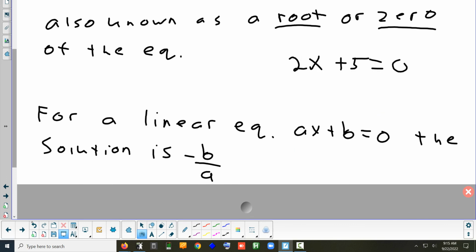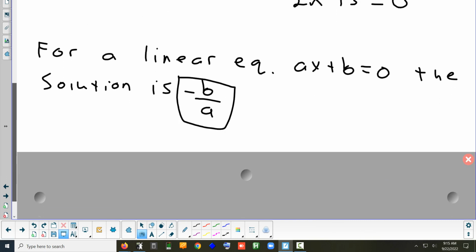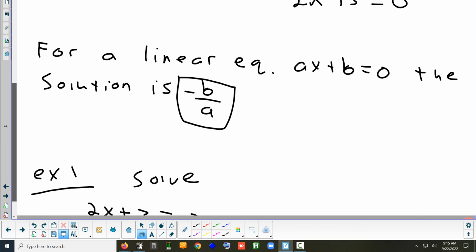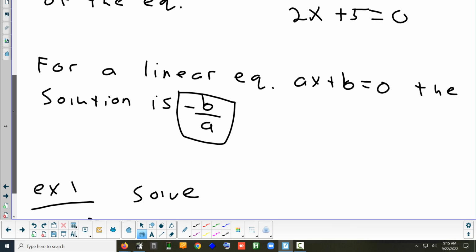That's, in general, how you solve a linear equation. It's only 2 steps. So I think 2x plus 5 equals 0. No, it's 2x plus 3 equals 0.